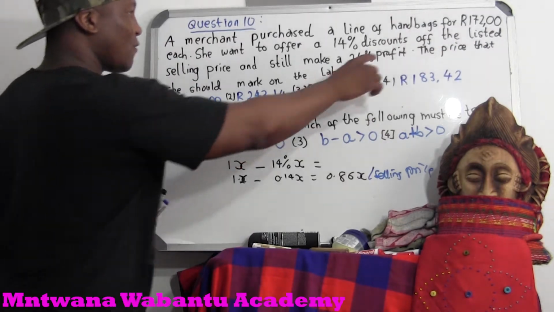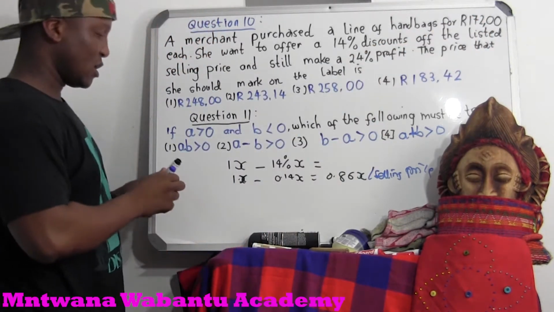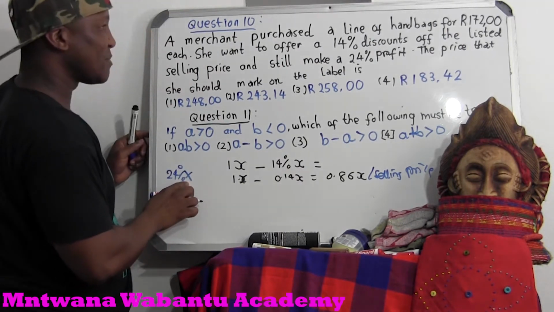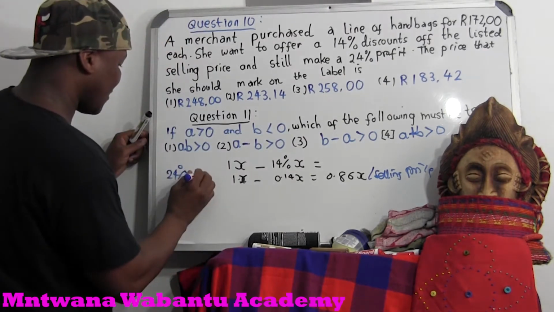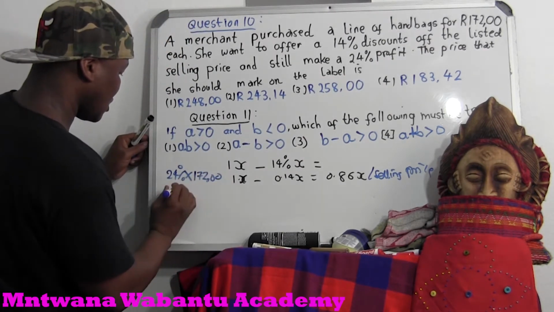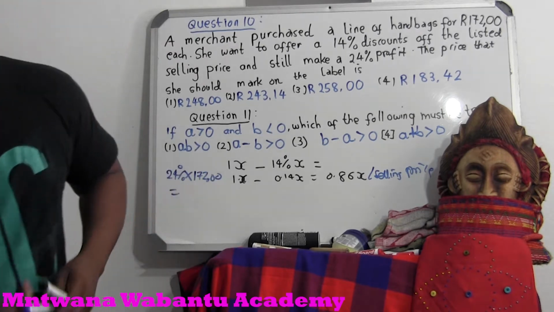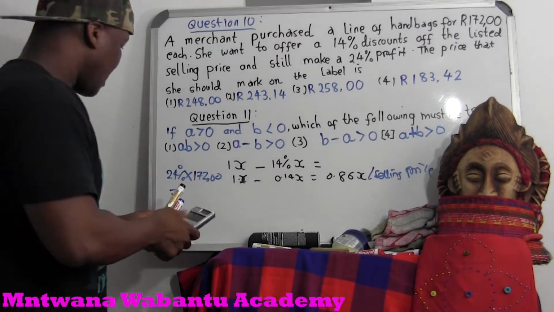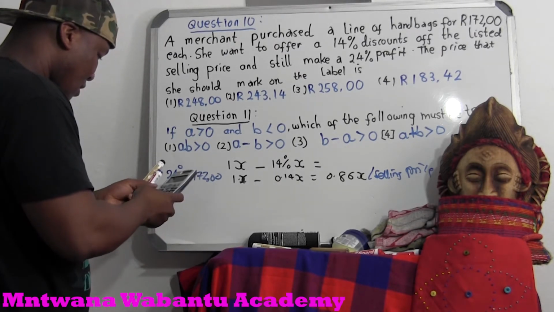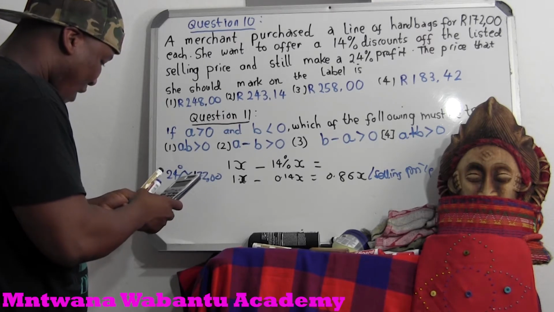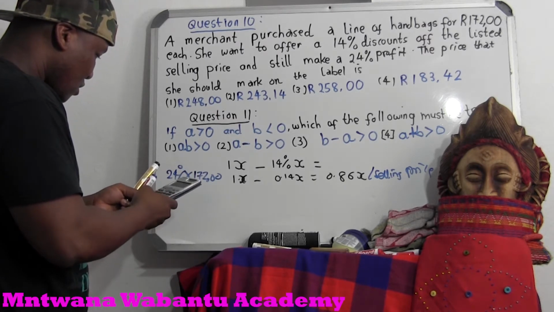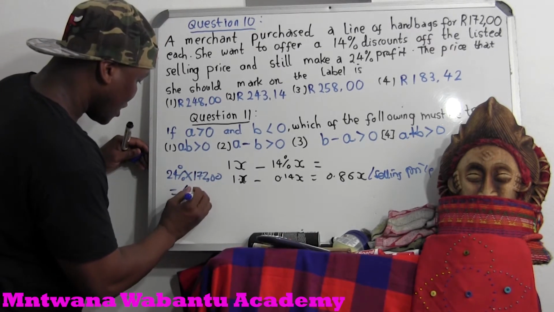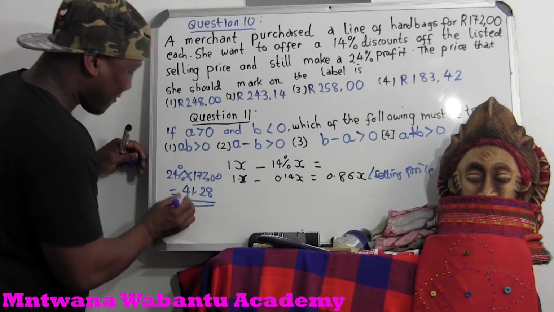So I'm going to find 24% of 172. If you plug it into the calculator, 24% times 172 gives us 41.28. So this is the profit.